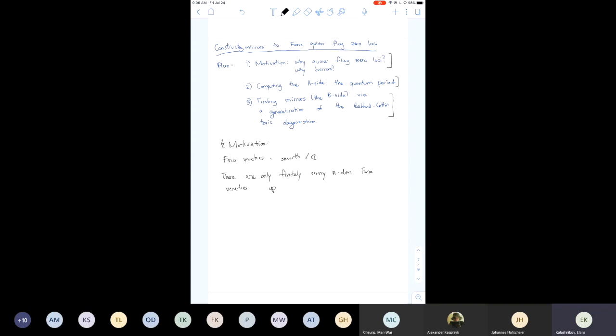This is due to Kollár, Miyaoka and Mori. But it's not constructive, which means it's a separate question to ask what exactly they are. In dimension 1 and 2, this is classical. And in dimension 3, there are 105. This was major work due to Iskovskikh and Mori-Mukai.